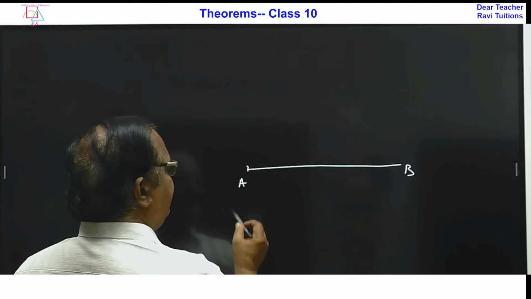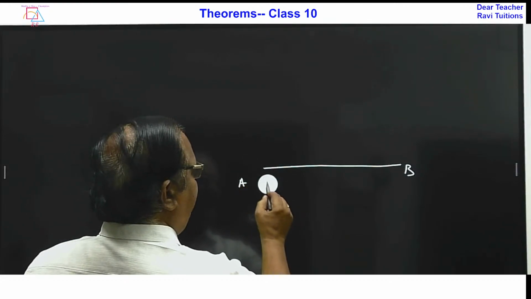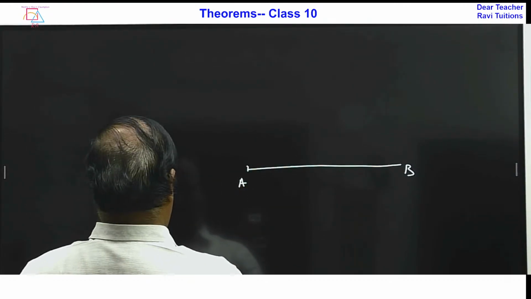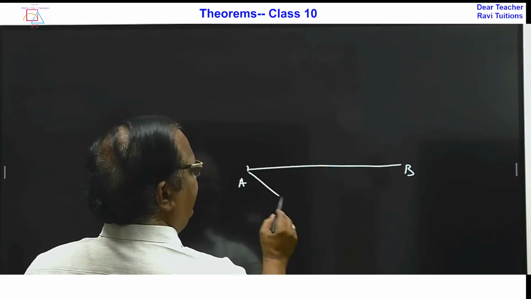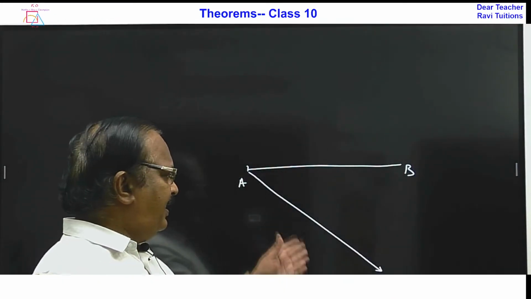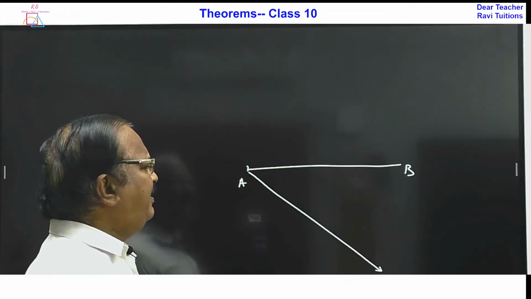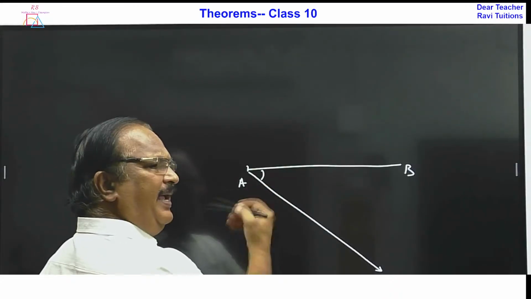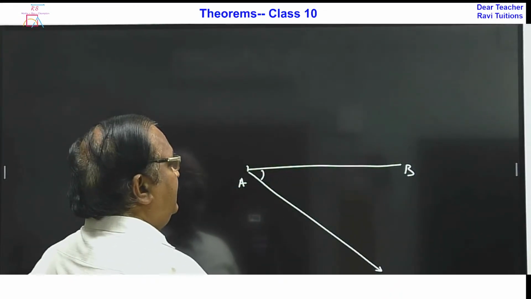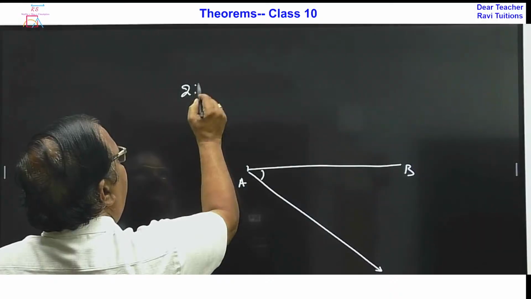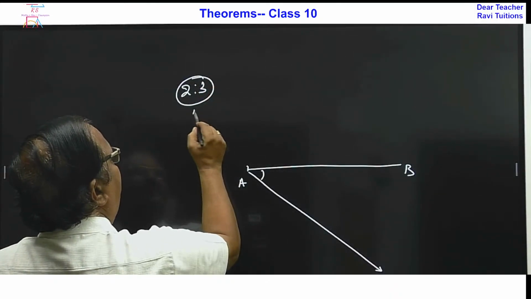So now for this, you draw a line with any angle, either downside or upside, anything. You draw a line with any angle. So now we have to make it in the 2:3 ratio. So total 5 parts.